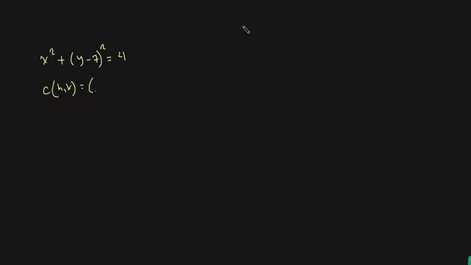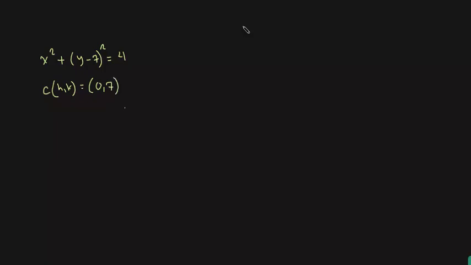Meaning h must be 0. If you have 0, the square will be left alone to x, and that's why we see just x squared. While on this side, for the k, if we have negative, of course it will become positive 7.